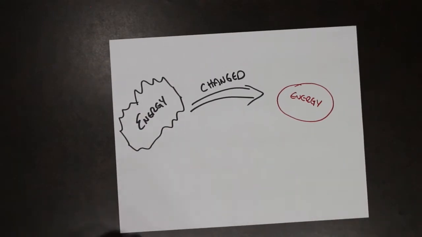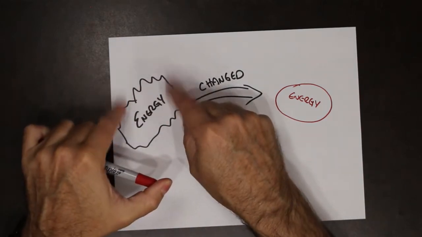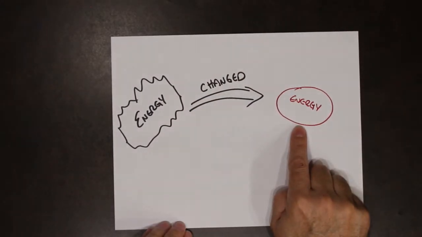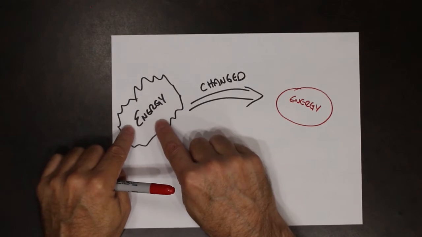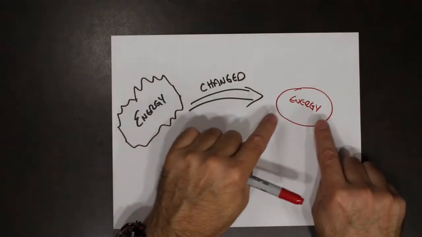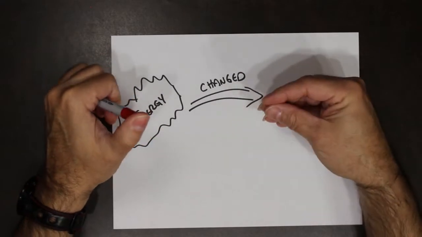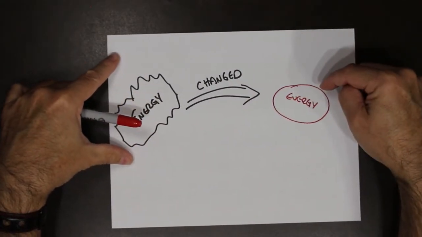So we can change energy from this black wiggly mass into a red circly mass. We cannot create nor destroy energy, but we can change its form.